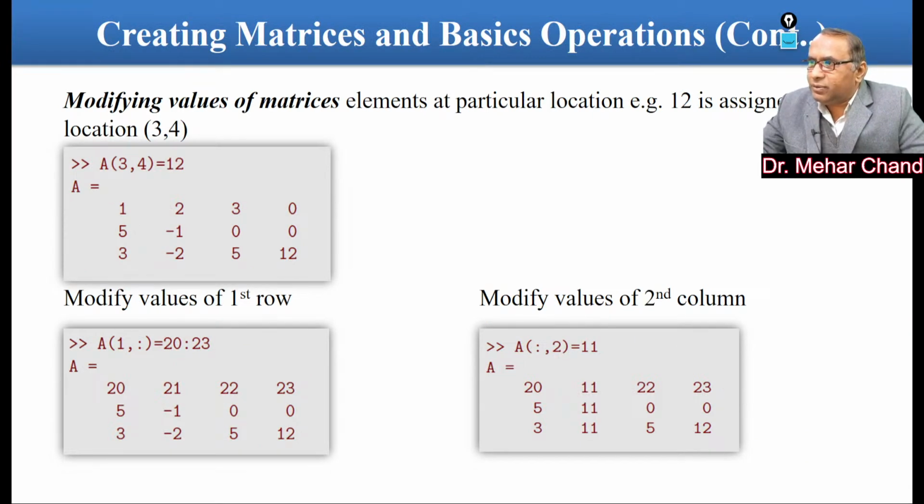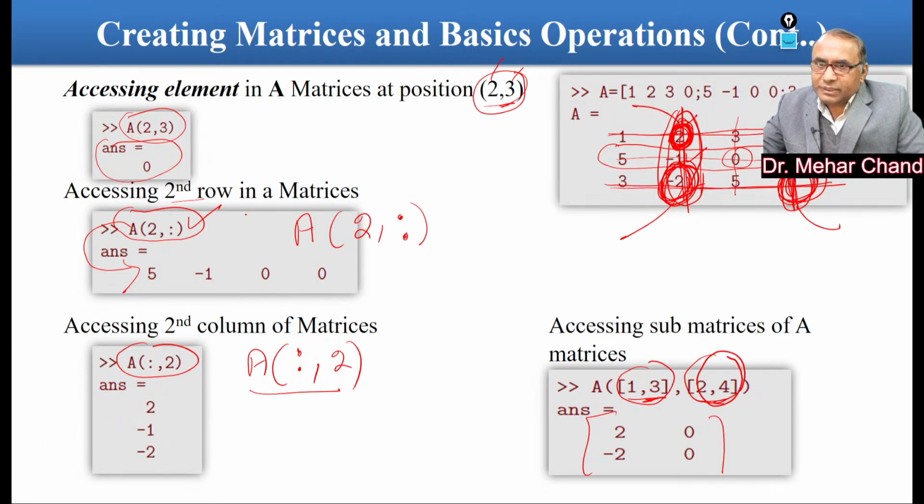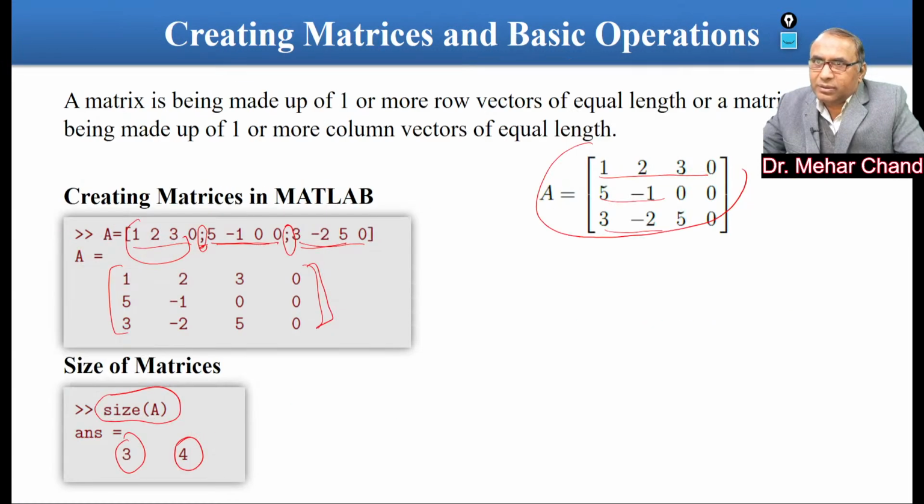So here we have discussed extracting values from matrices. Sometimes if we want to replace a value, we can do it. See carefully. If we want to replace the value at 3, 4 in this matrix, 3, 4 means this element.